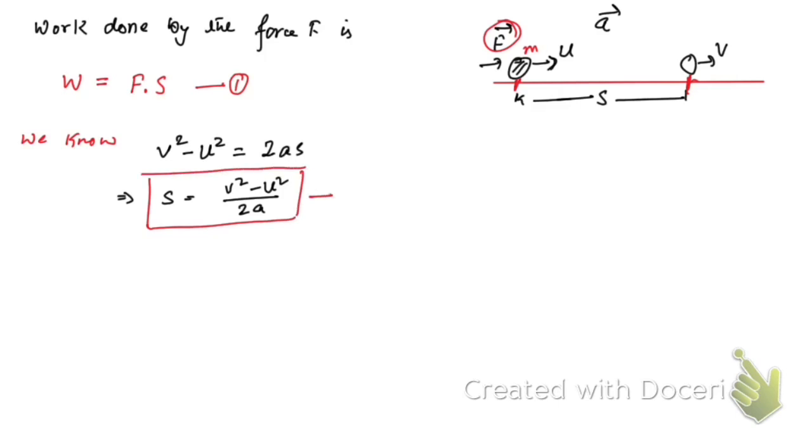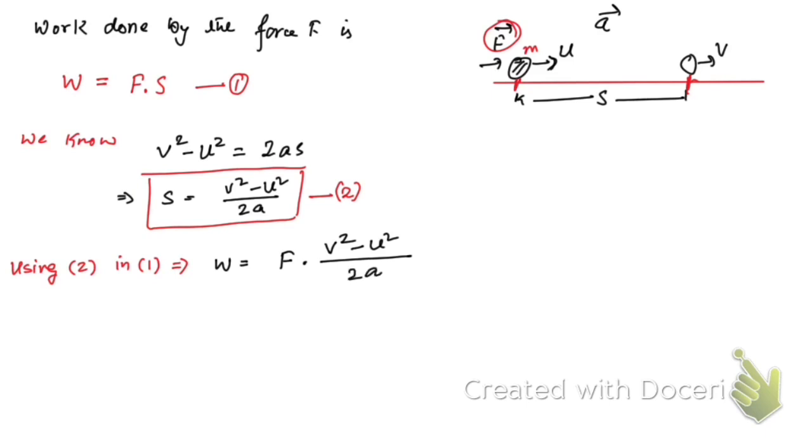Now let me use equation number 2 in equation number 1. If we use this value of s in equation 1, we have W equal to F into, instead of s, v square minus u square by twice a.